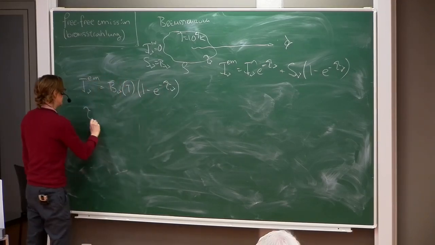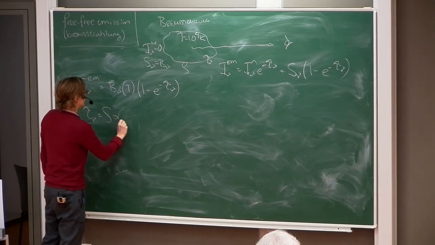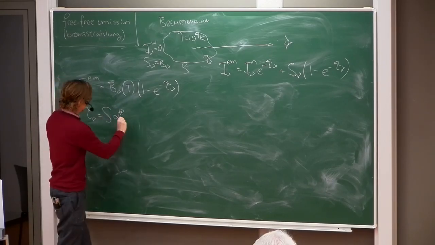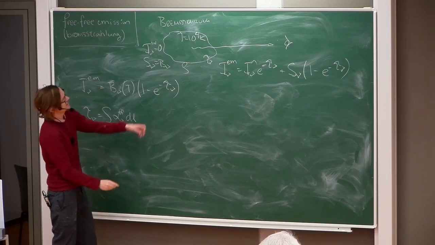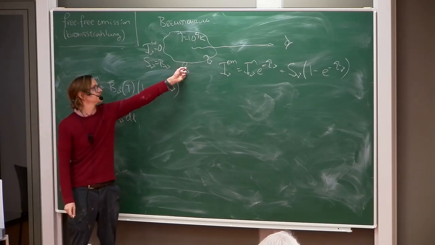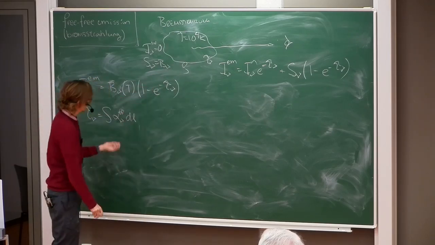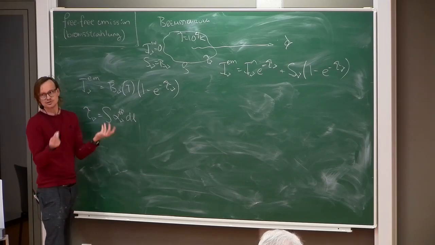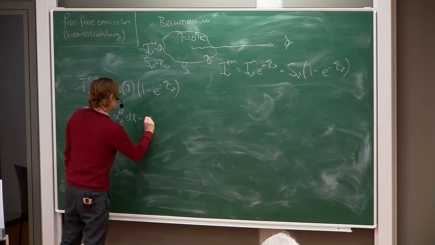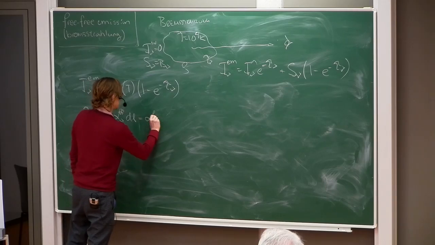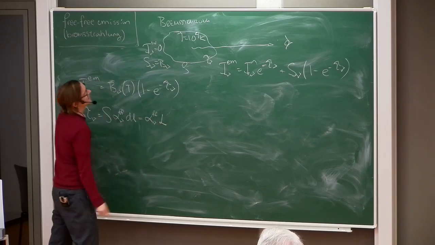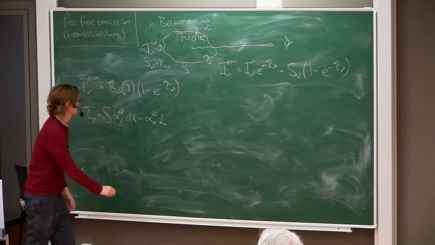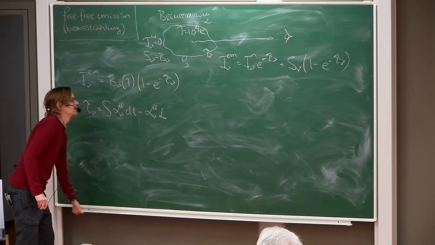Now, tau nu, we know is just alpha nu, and we have assumed that it's just free-free, times dl. But we also said that it's homogeneous, so the density doesn't vary, the temperature doesn't vary. So this is not a function of position in the cloud, which it generally is, of course. But then we can just take it outside, so this is just alpha nu times L, where L is the length here of the cloud or the slab. Okay.